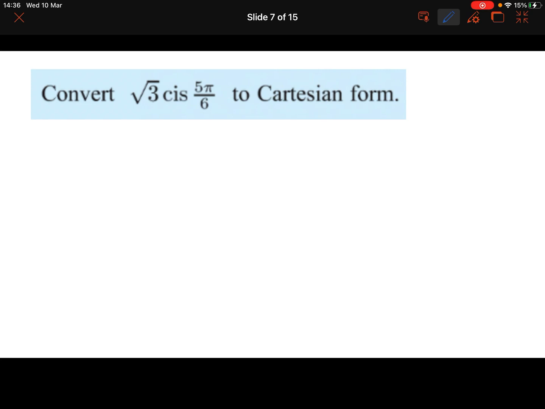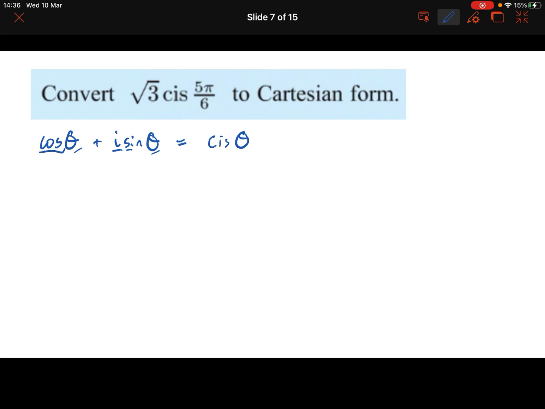Now, obviously what I want you to be able to do is convert back into normal form. By the way, one thing I didn't say, sometimes we say in shorthand, if we write cosine theta plus i sine theta, sometimes we write that as cis theta. It's just shorthand, okay?